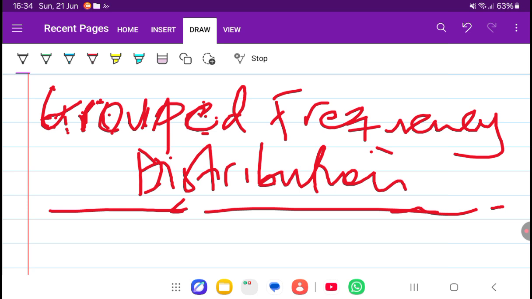So we basically arrange the data into what we call classes, and then we give their related frequencies. When the data set is large, the data must be grouped into classes.